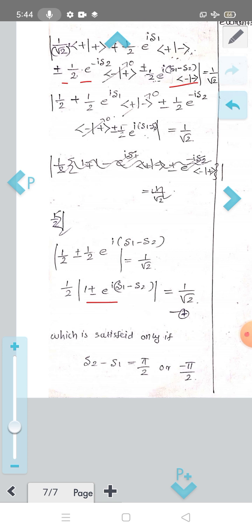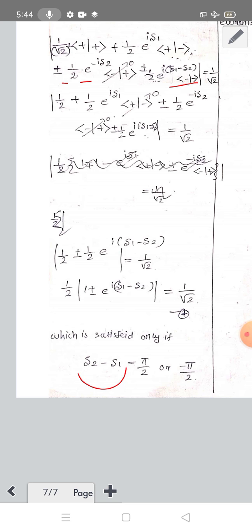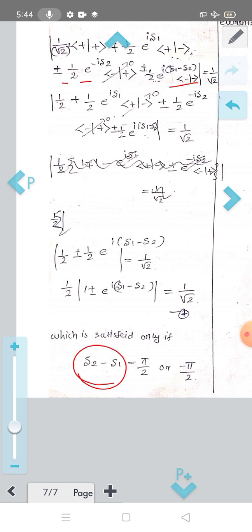So our aim is to find out what is delta 1 and delta 2 for the construction of Sx and Sy. So this is satisfied only if delta 2 minus delta 1 is equal to pi by 2 or minus pi by 2. That is, 1 plus e raised to i theta by 2 equal to 1 by root 2, then that theta must be pi by 2 or minus pi by 2.